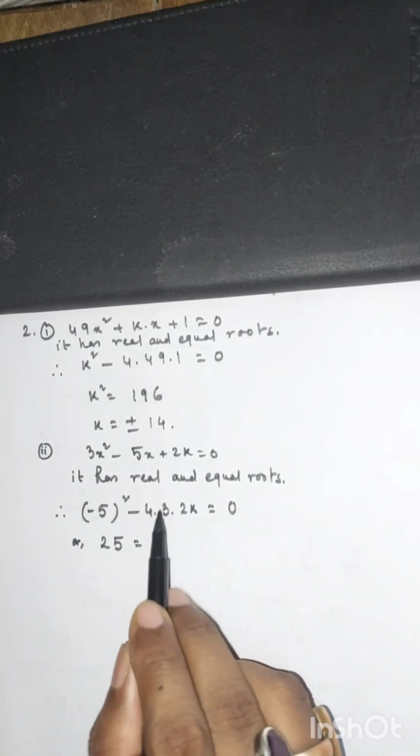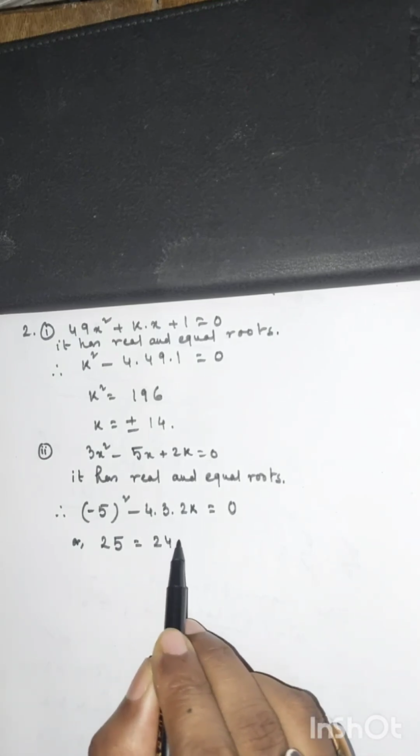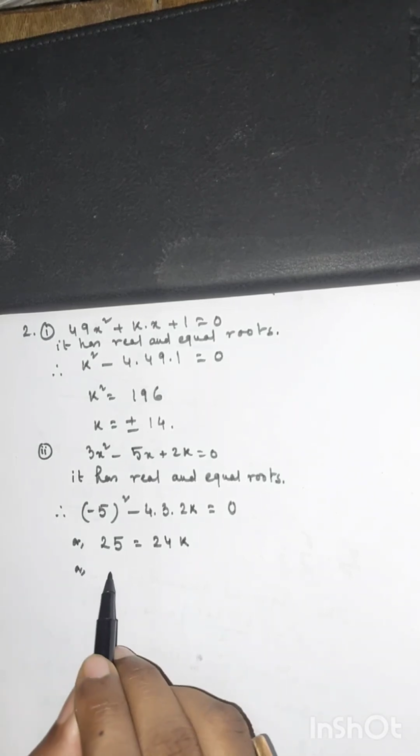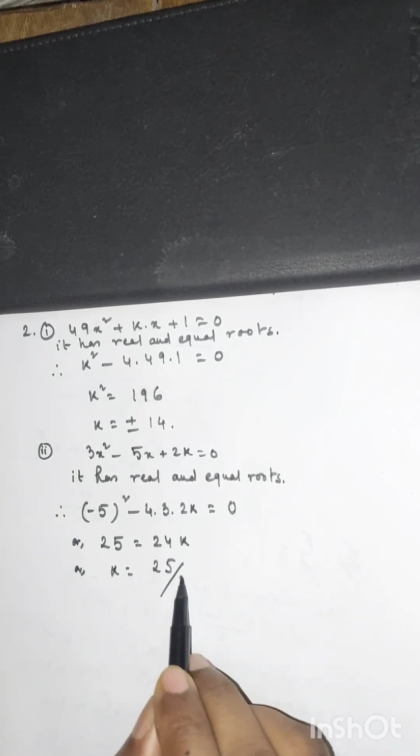Let us take this quantity to the right side, or k equal to 25 by 24. So this is our value.